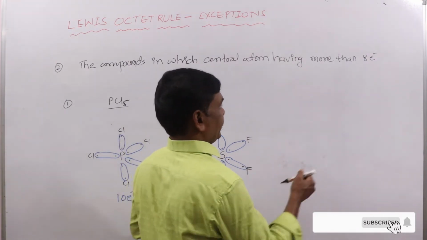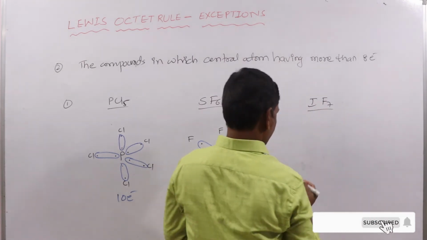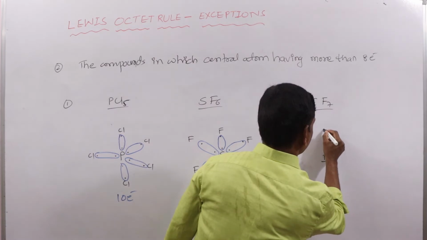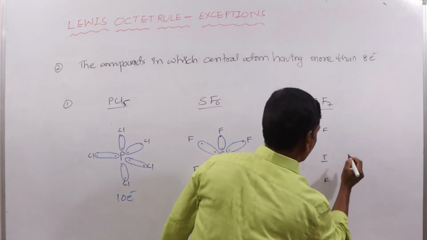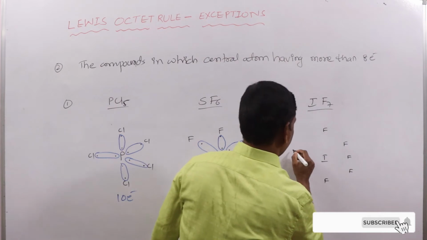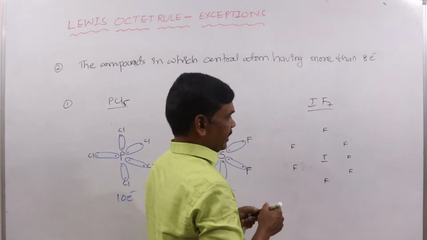Iodine heptafluoride. Now iodine, fluorine and fluorine. So total 7 fluorines around iodine.